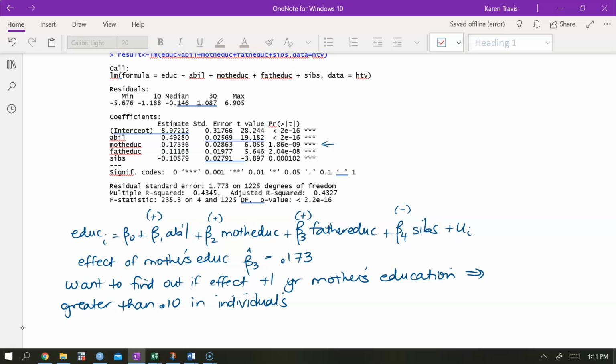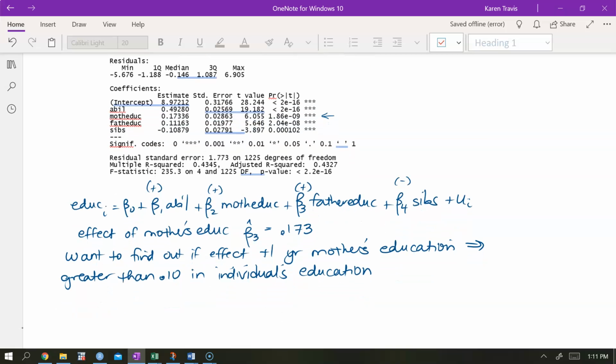So we already know it matters, but what we're trying to figure out is some sort of testing of the magnitude of the coefficient. So what we would say then is we're testing with regard to beta 3 in the population. If we think it's bigger than 0.1, that goes in the alternative hypothesis, and no different than 0.1 would be the null hypothesis.